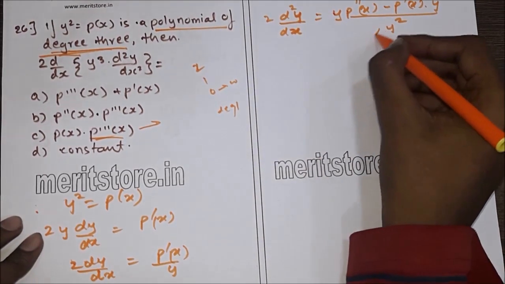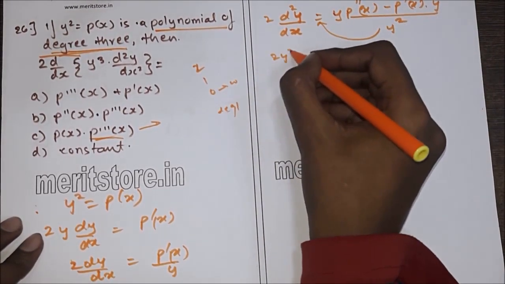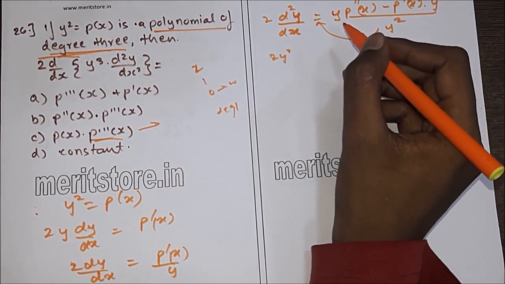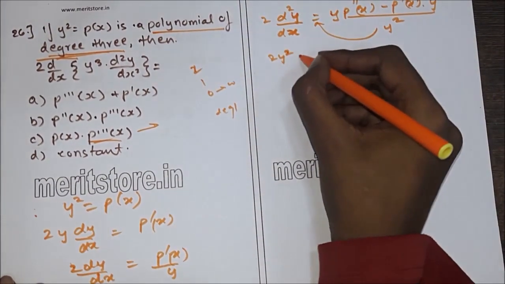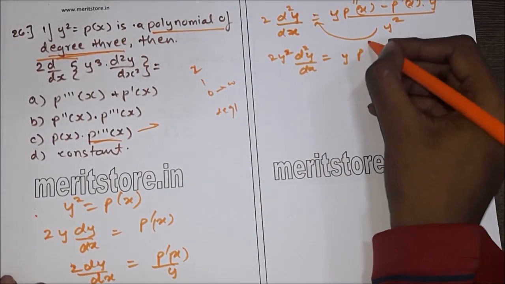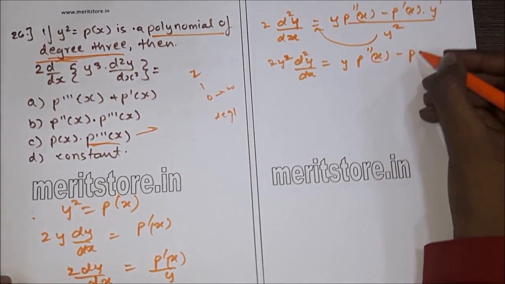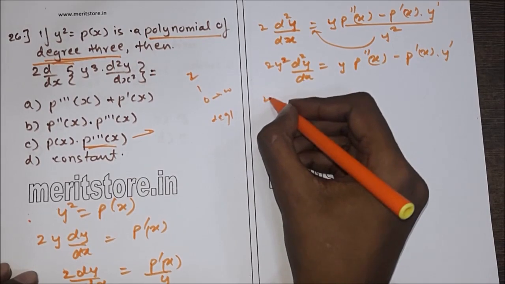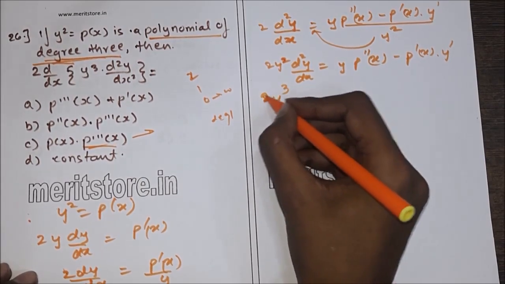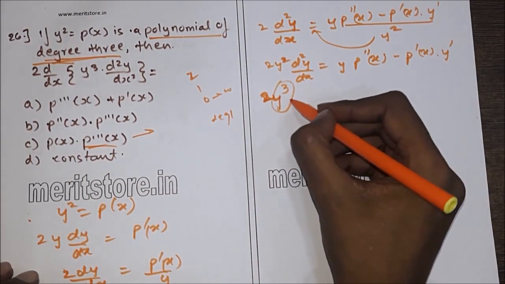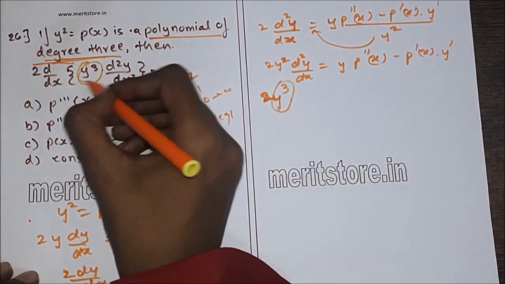That is, we take this term to the LHS, we get 2y square d2y by dx square equals y p double dash of x minus p dash of x into y dash. Multiplying throughout by y, we get 2y cube. We multiplied throughout by y so that we could get y cube, which is given in the question, which is what we have to find.